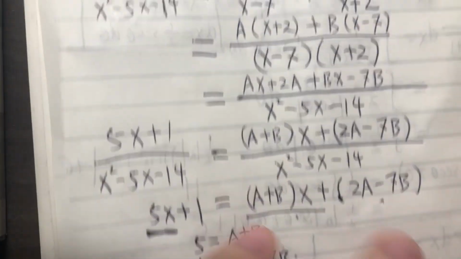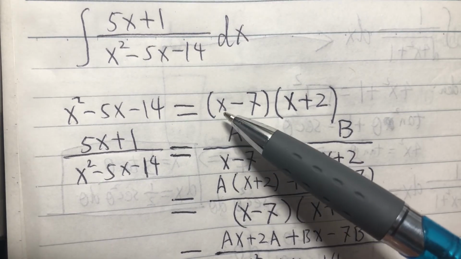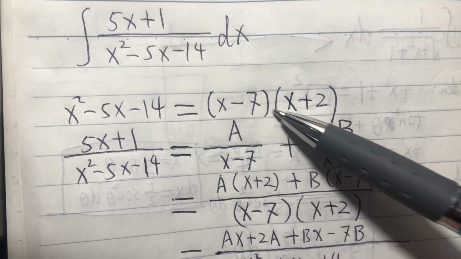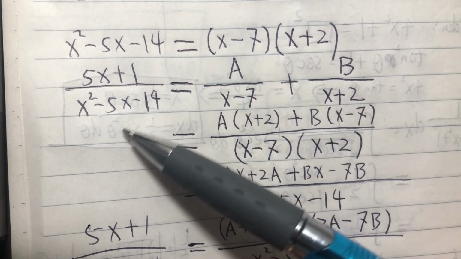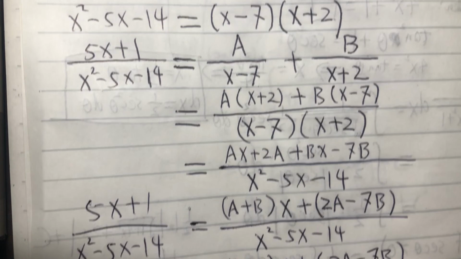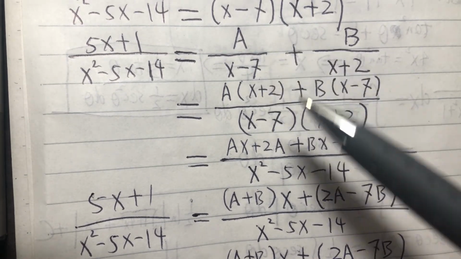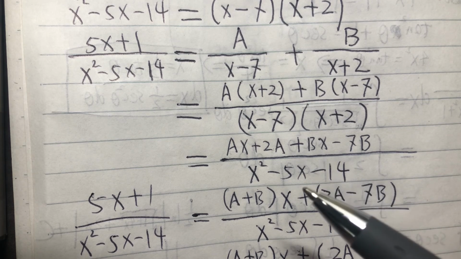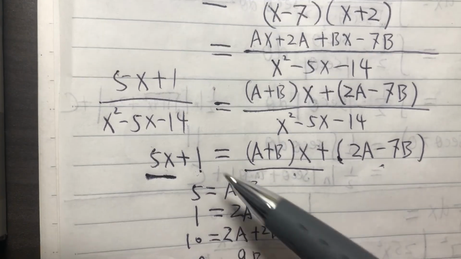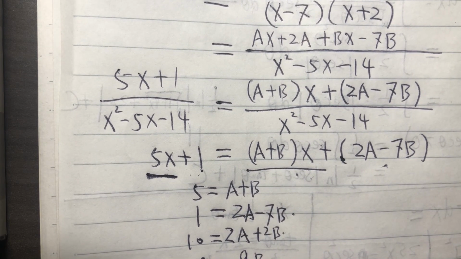Okay, for partial fractions, the most important thing is to factor the denominator and then write such an equation with unknown variables, and then after that you simplify, basically cross multiplication, and then compare the coefficients of the numerator.